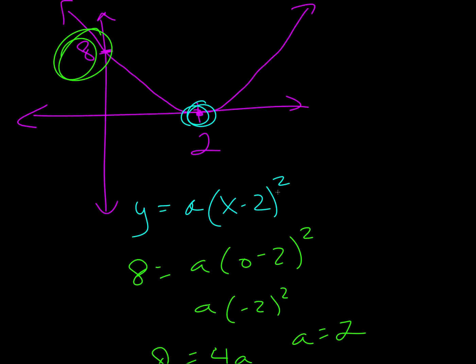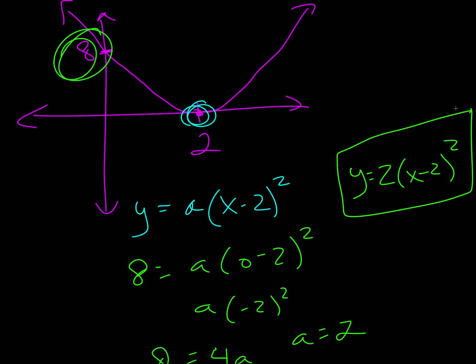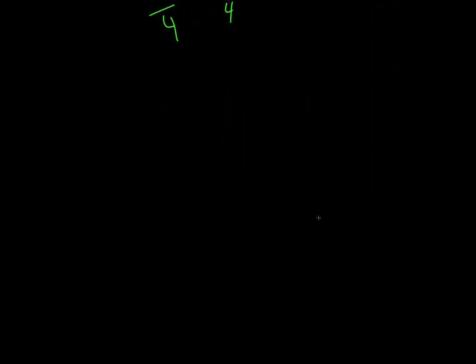And so we just come back up here. We say y equals 2, quantity x minus 2 squared. Okay, and that's all we need to do on that one. So this equation is the right equation for this graph. Okay, let's keep moving on.